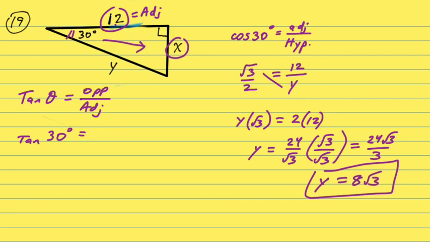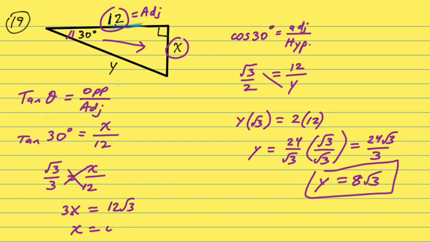X over what's the adjacent? 12. What is tangent of 30 degrees on our trig table? I think it's radical 3 over 3. Cross multiplying gives me 3x equaling 12 radical 3. And if I divide 12 by 3, I think I get 4.